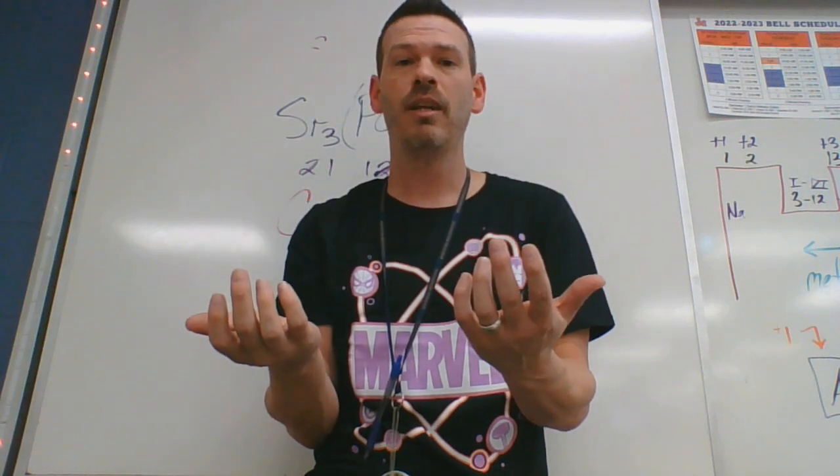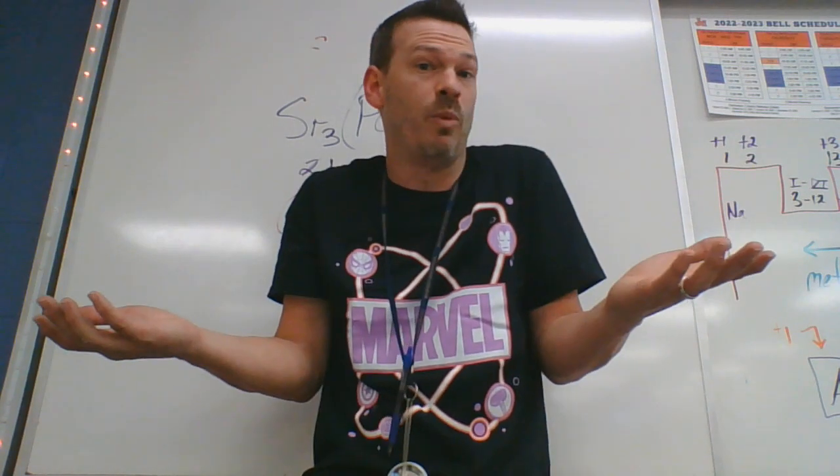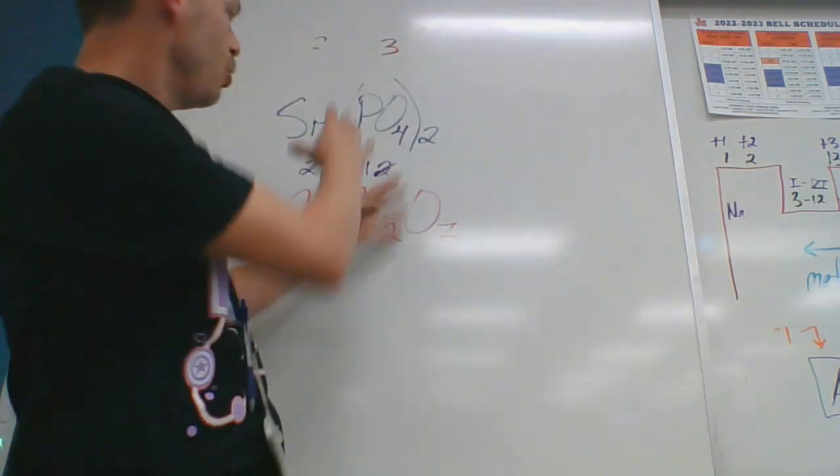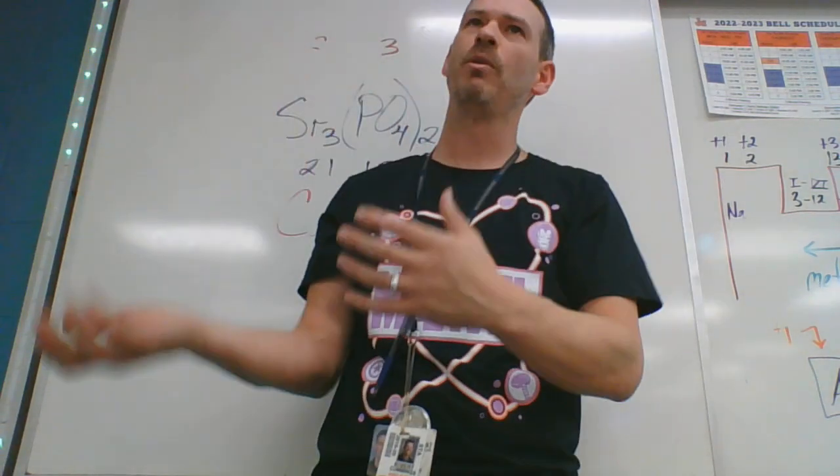You would need to know the charge of iron, and iron can be iron 1, iron 2, iron 3. Therefore, transition metals have Roman numerals.